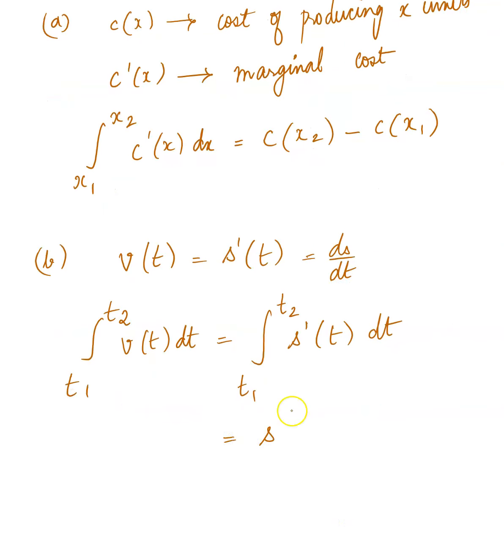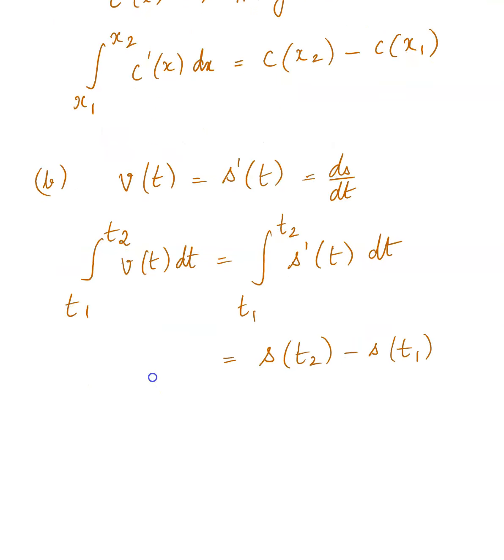That's the same as saying s of t2, the position of the object at time t2, minus the position of the object at time t1. So what this really means is you're talking about the displacement, right? Displacement is the movement from one place to another over the interval t1 to t2. That's the rate of change.